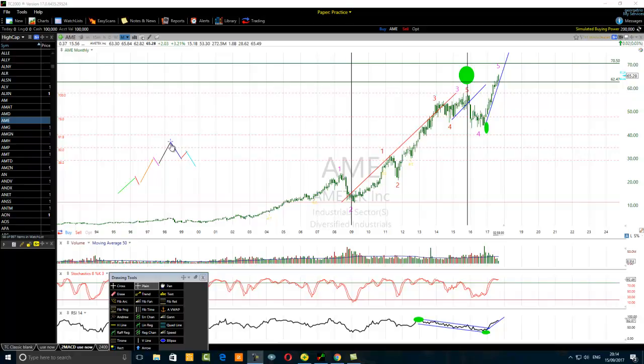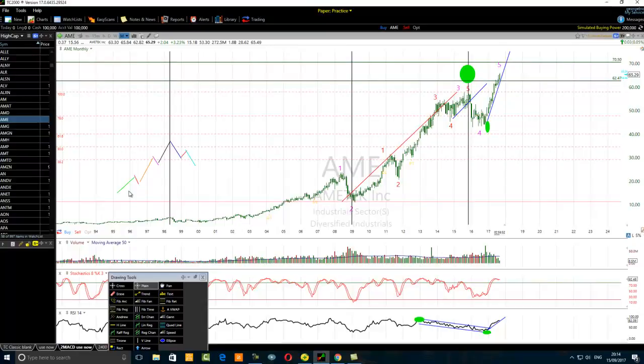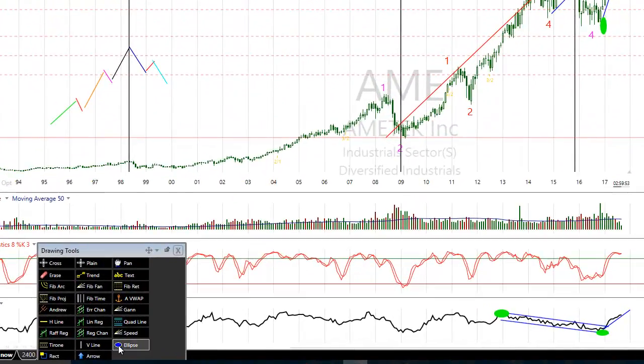It is a clear-cut impulse wave. There is no Elliott wave violation. You can deduce that the following wave after that impulse wave is likely to be a correction, and that correction should not come to the beginning of that impulse wave.